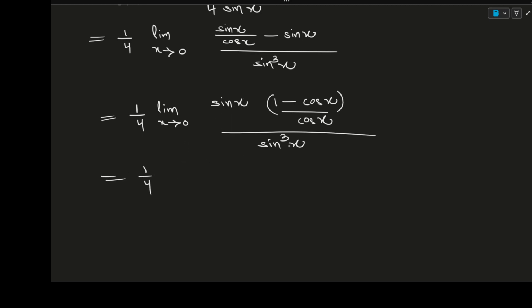So I can cancel one sin x from numerator and denominator. So it will be 1 minus cos x divided by cos x into sin square x.